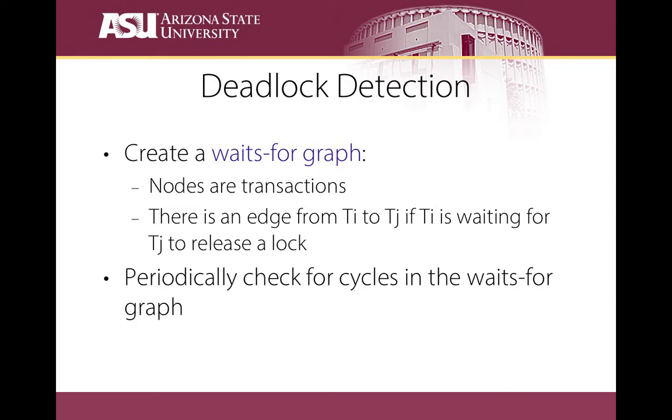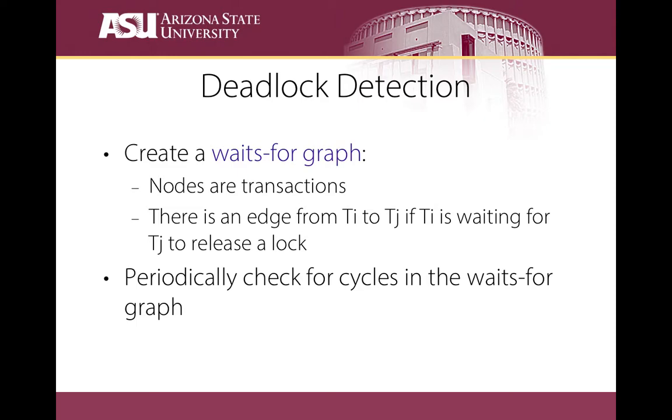How can we detect? So the gentleman in the back mentioned that we create a graph of transactions. Remember we talked about the dependency graph last time? This is different, okay? It is also a graph of transactions, but the logic of the connections between the transactions is different. The graph that we build, let's call it the waits-for graph.